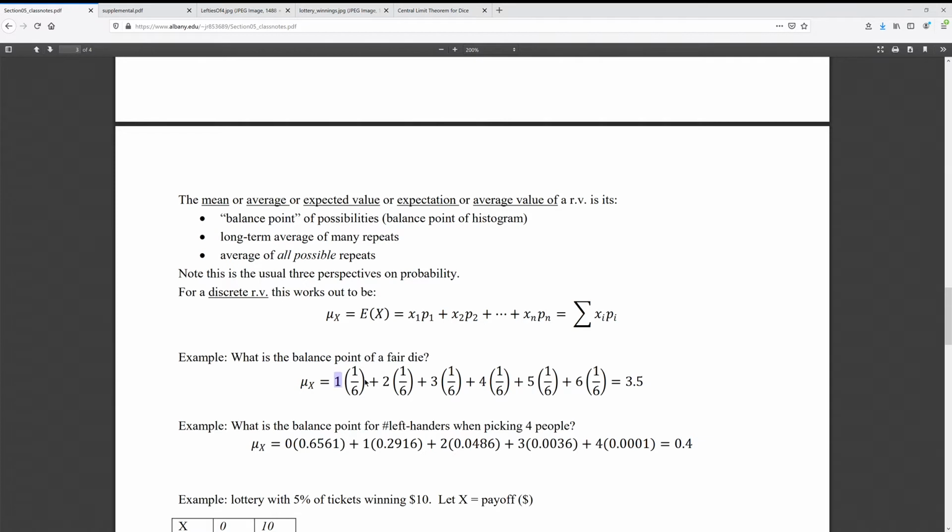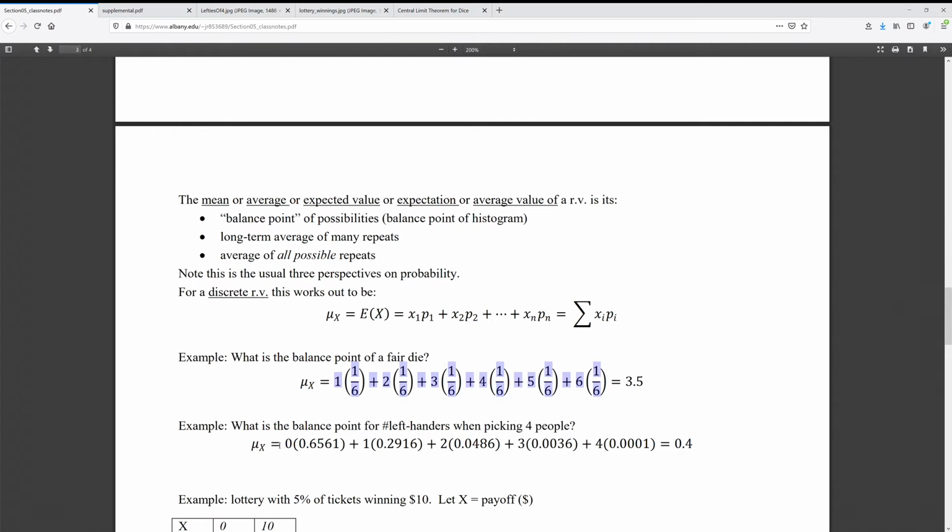Numerically, then, it would be 1 times the probability of a 1, plus 2 times the probability of a 2, plus 3 times the probability of a 3, and so on up to 6 times the probability of a 6. Now, if you are going to compute this longhand, then by all means take advantage of that repetition, right? Factor out the 1/6. 1 plus 2 plus 3 plus 4 plus 5 plus 6 divided by 6. 21/6, 3.5.